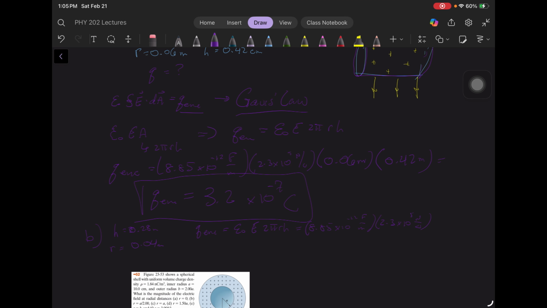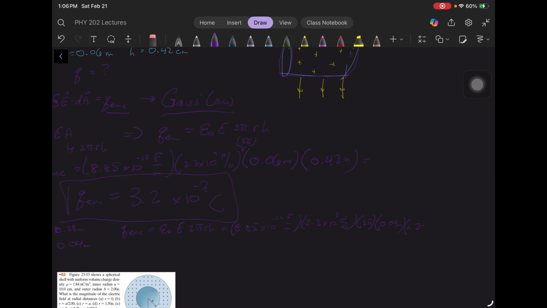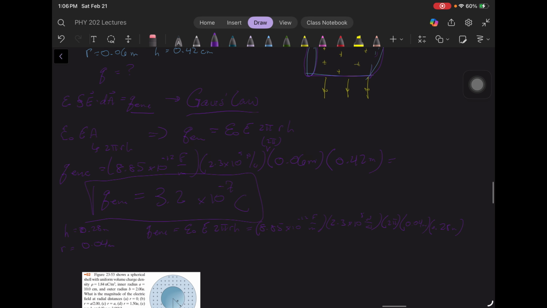Oh my goodness, I forgot to write the 2 pi. I had it in Desmos, so the answer is good. Times 2 pi times 0.04 meters times 0.28 meters. I could just make the paper wider. What a time to be alive.